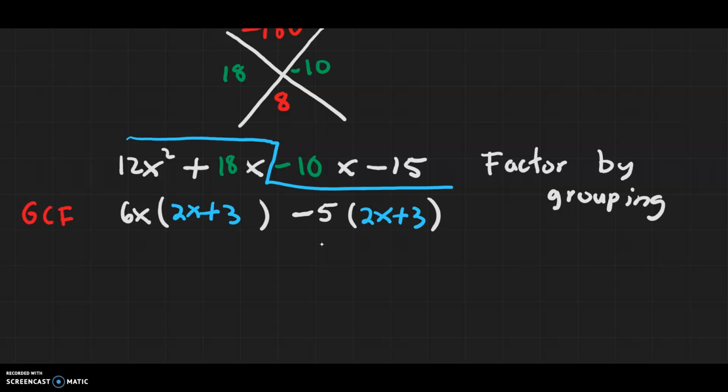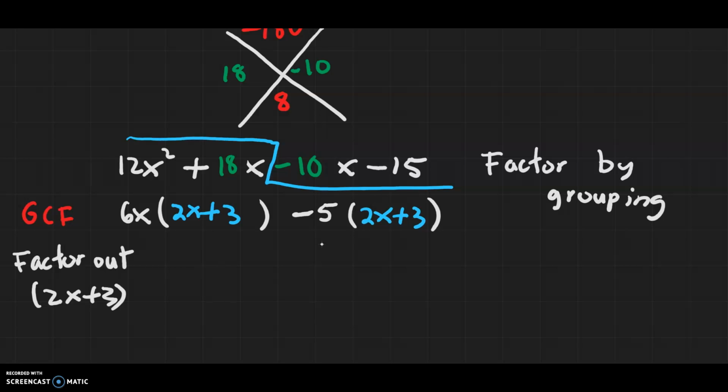All right, so at this point, what you're really doing in the next step is factoring out 2x plus 3. That's actually what's happening. So I'll go ahead and write 2x plus 3 here, maybe in blue again.